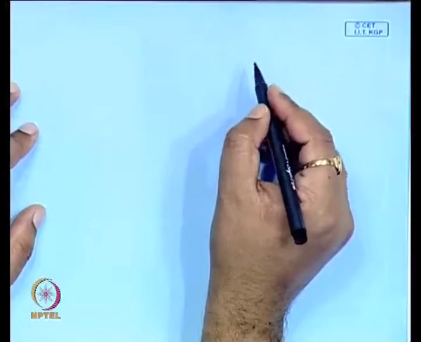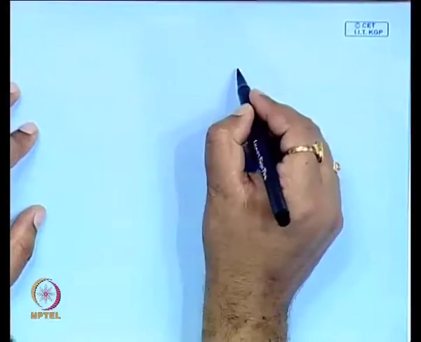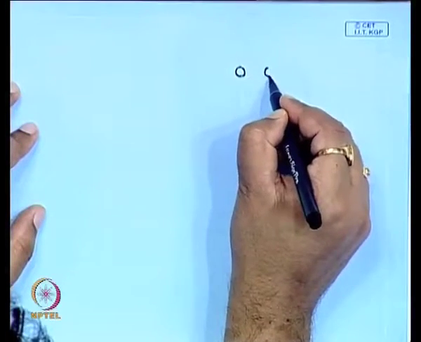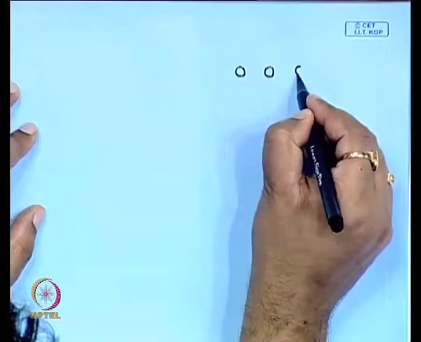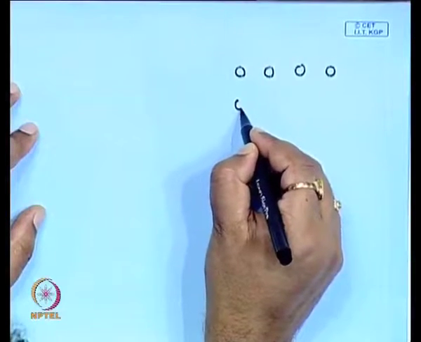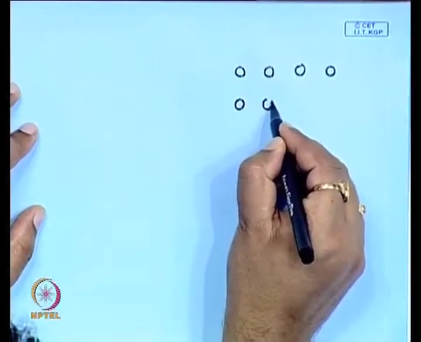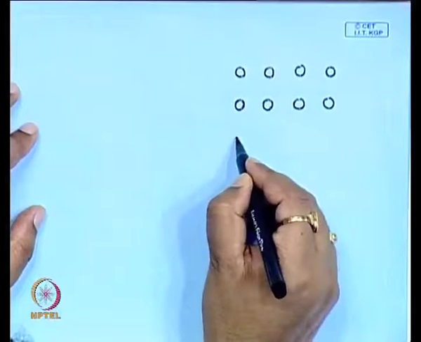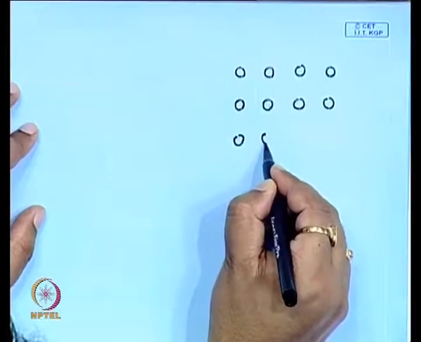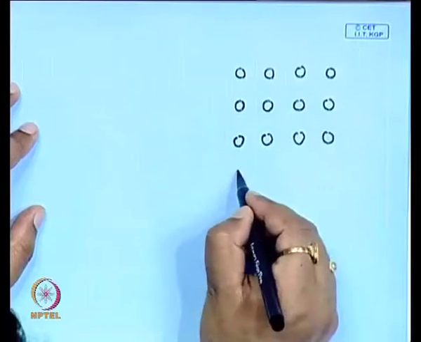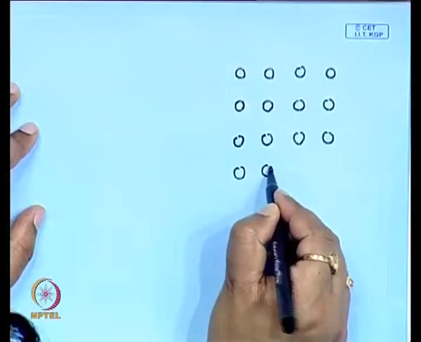Suppose a problem is that we have one block. This is the arrangement of the piles. There are a total of 16 piles, 4 columns and 4 rows, so 16 piles in total.